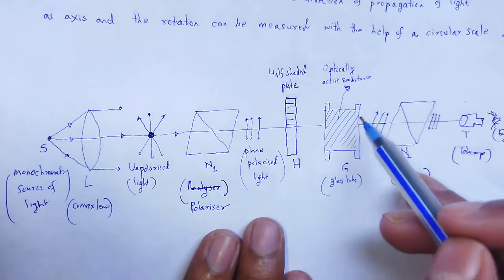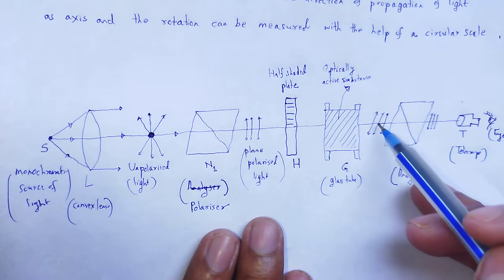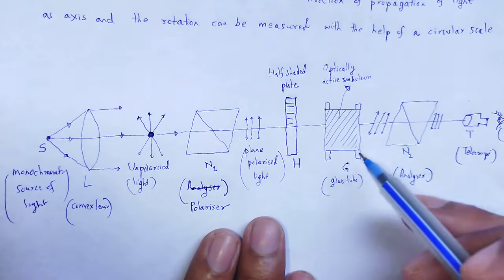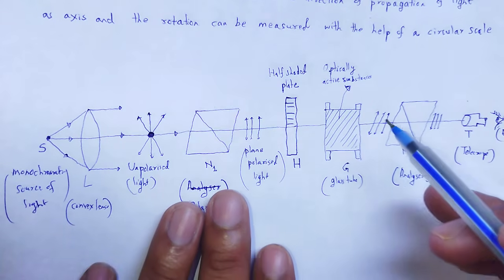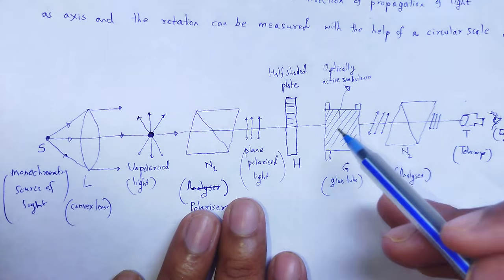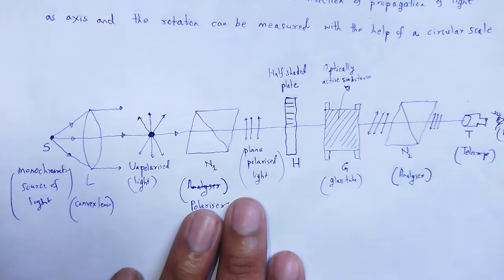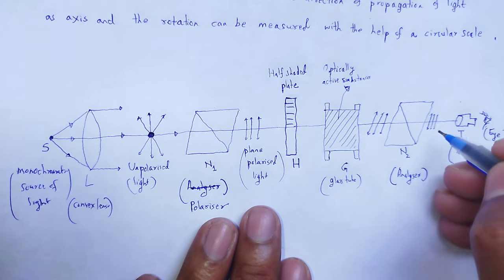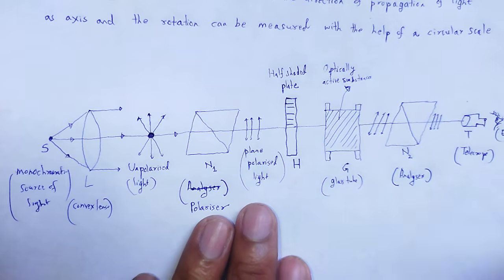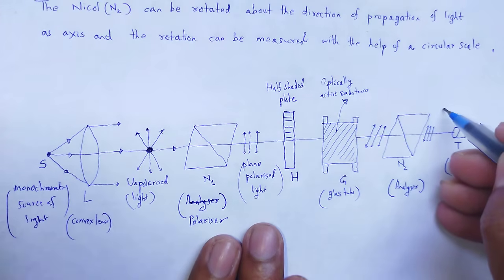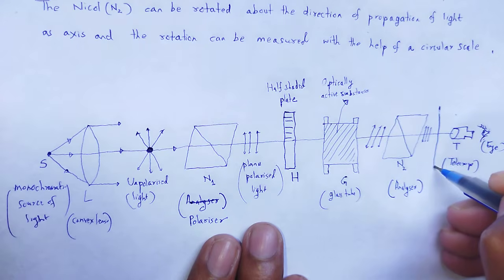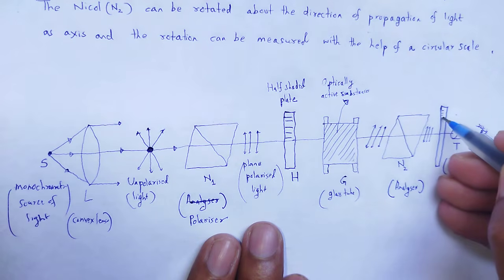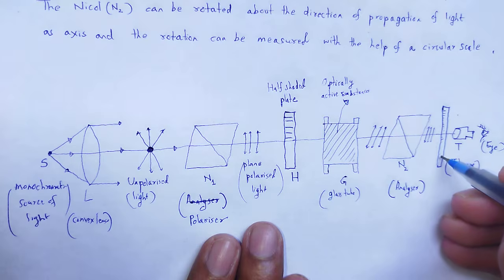After that, the plane polarized light is rotated by an angle, and it passes through nickel prism N2, which acts as an analyzer. By using nickel prism N2, we can analyze the nature of that plane polarized light, and the rotated plane polarized light is observed through the telescope. In between, we use a circular scale.